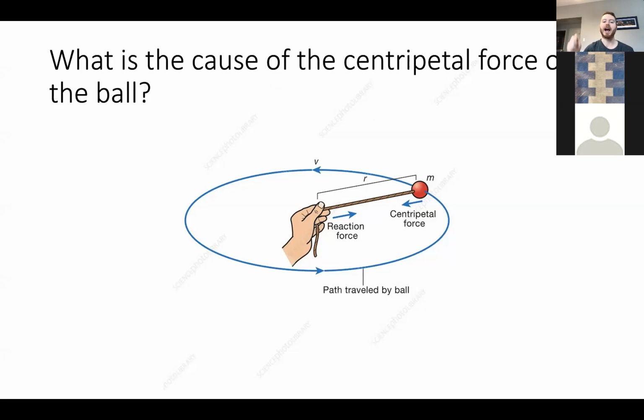So in this case, we have a bob on a string that's being rotated around. The question is, what is the cause of the centripetal force on the ball? What is the force that is acting on the ball to move in a circular motion? So think about that for a second. What is causing the ball to move in a circular motion?